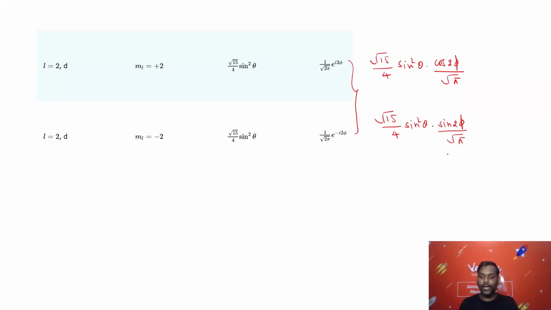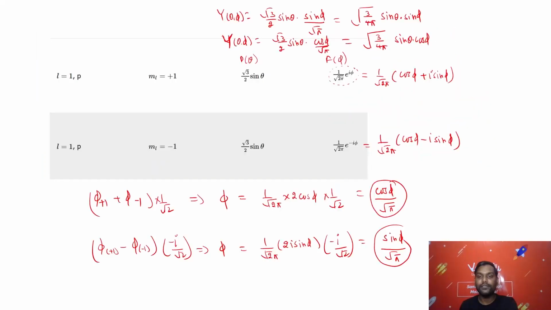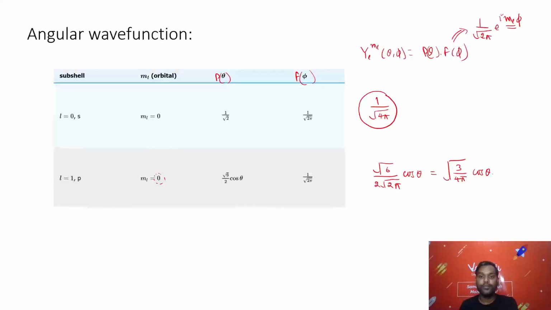All right. So now that we have assigned the angular wave functions to 5d orbitals, 3p orbitals, and the s orbital. In the case of s orbital, it is very easy to identify that if the angular wave function is independent of theta and phi, it will be the angular wave function representing s orbital.